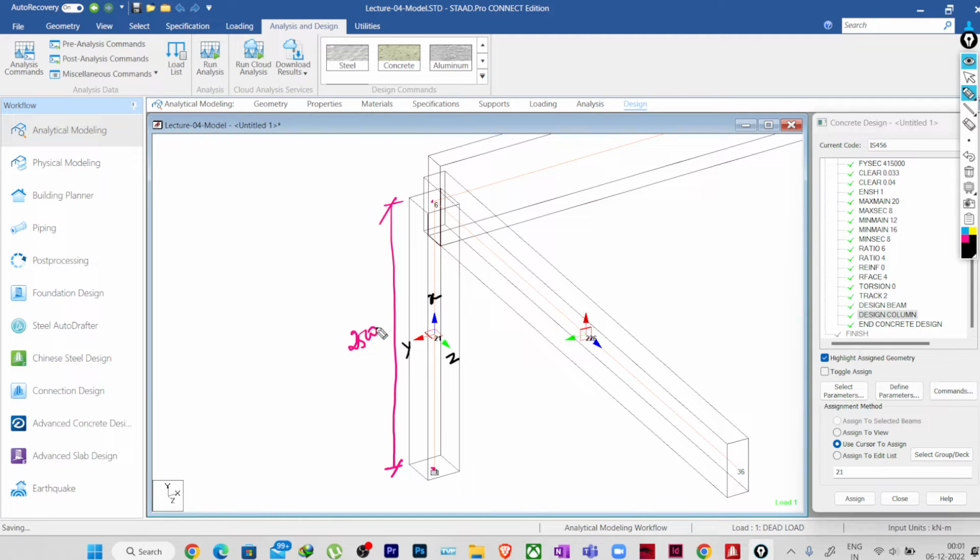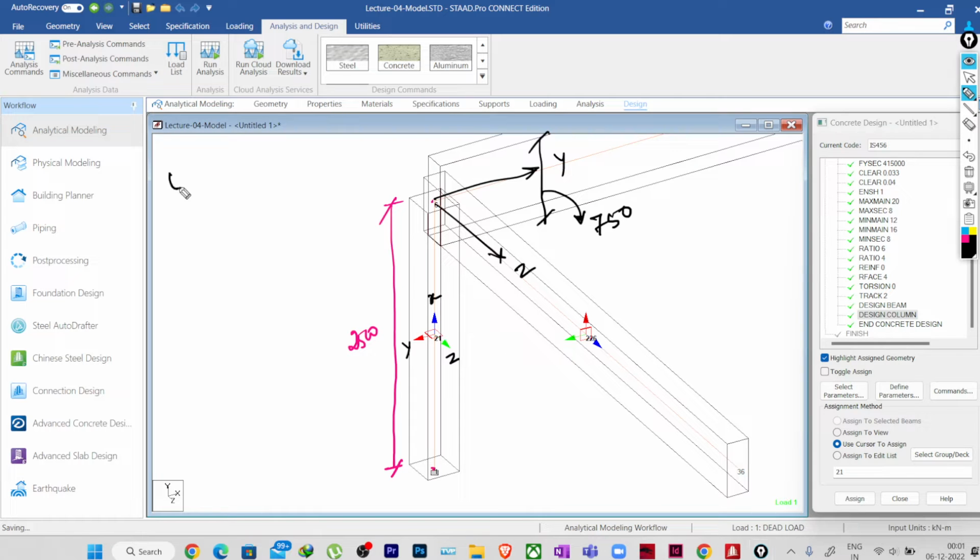First of all we'll be finding out the unsupported length of the column along the y-axis, and this is along the z-axis. How will you find the unsupported length along the y-axis? This depth of the beam, we know that it is 750 mm.